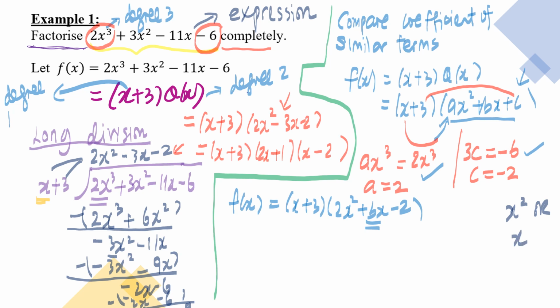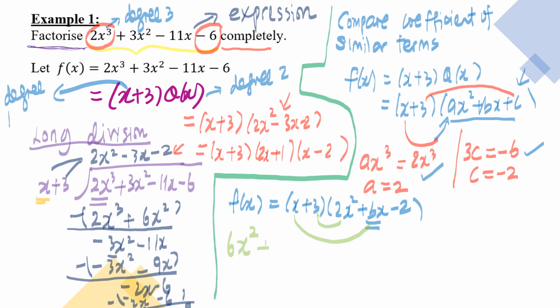If you choose the x squared, the answer you get for b will be the same as when you choose the x term. I can actually show you both. If I want the x squared term, then I will need to take this times this, and this times this.